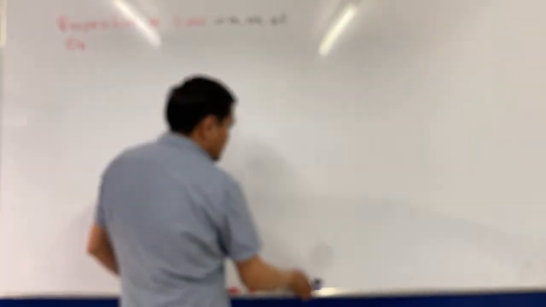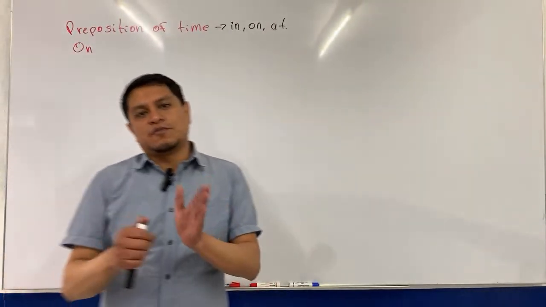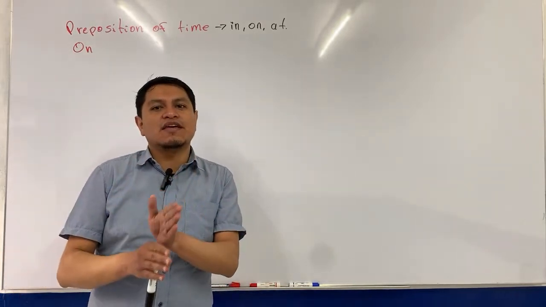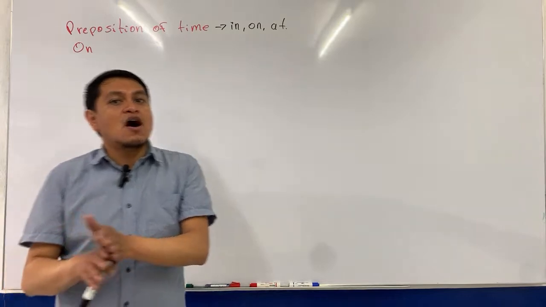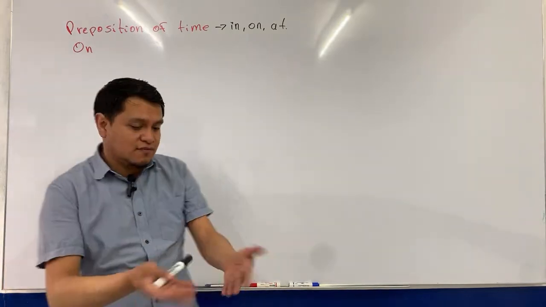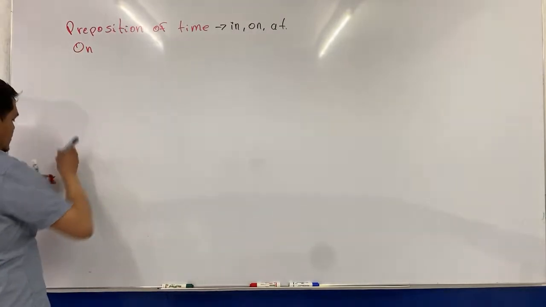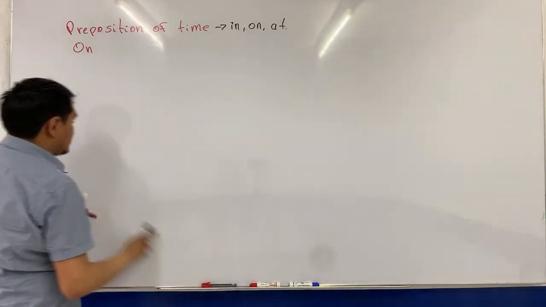What words do we use with the preposition on? Days: on Sunday, on your birthday, on Independence Day, for days.